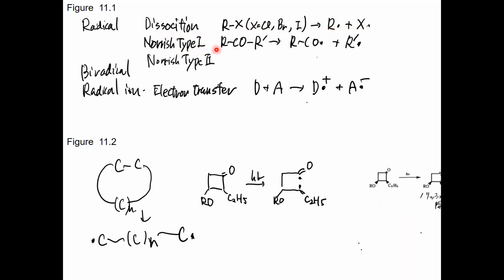Also in the Norrish type 1 reaction, if you have a carbonyl with two alkyl chains, you can observe the alkyl radical and also the carbonyl radical. And in Norrish type 2, a hydrogen abstraction reaction, that also gives a radical species.